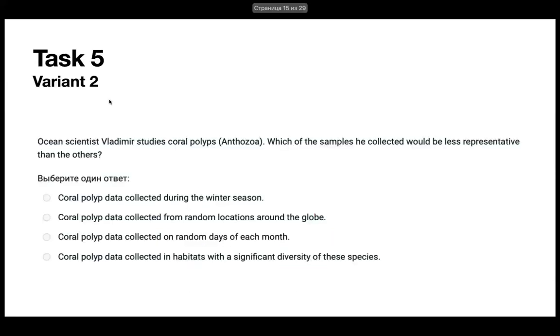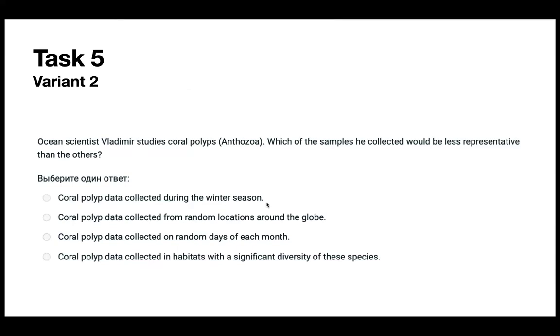Let's take a look now at the second variant task. The task here is which of the samples collected would be less representative than the others. So here we can take a look at the statements. Coral polyp data collected during the winter season.